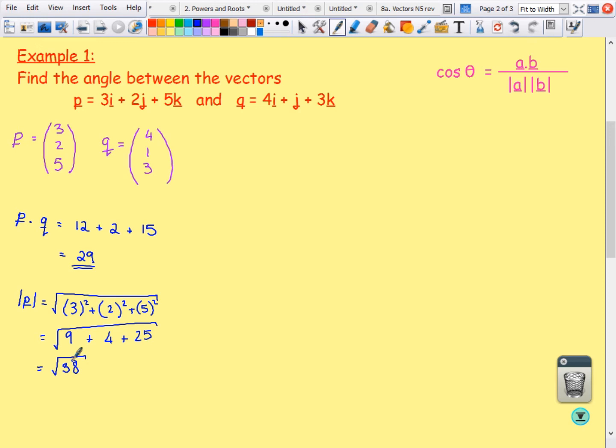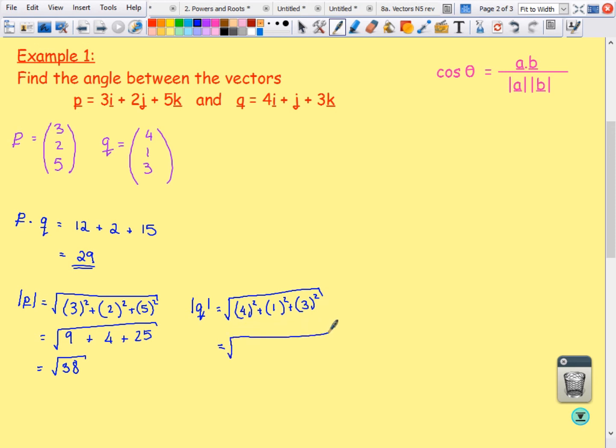Last thing I want to figure out is the magnitude of Q. So we're doing the same thing, a bit different numbers. So, blank squared, blank squared, blank squared. The numbers going in are 4, 1 and 3. So we've got 4, 1 and 3.